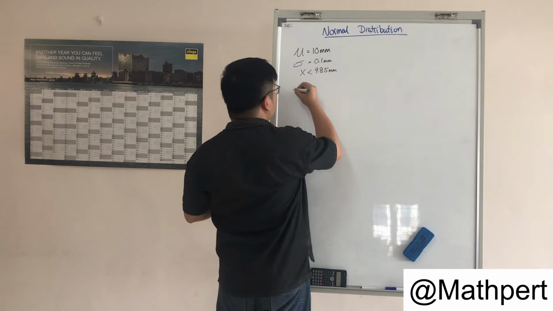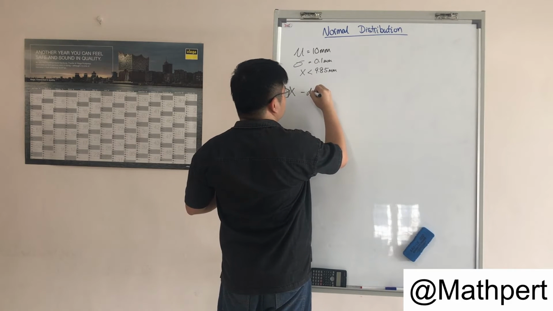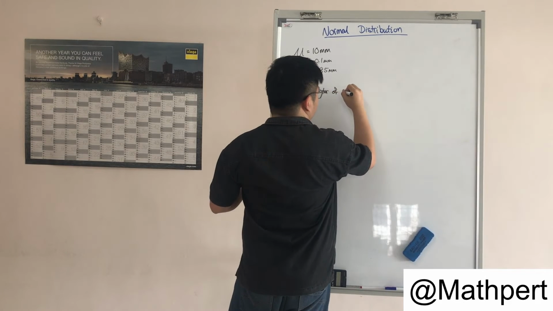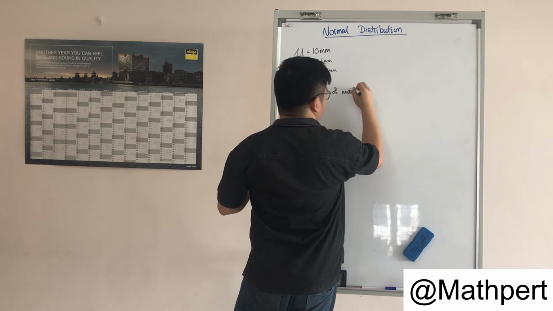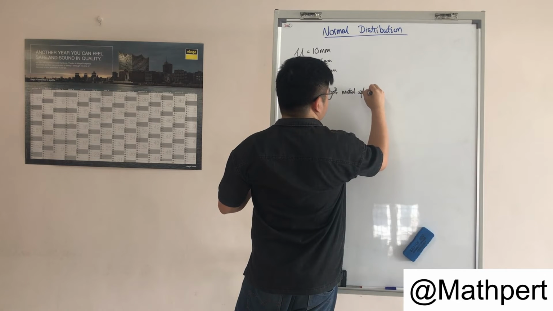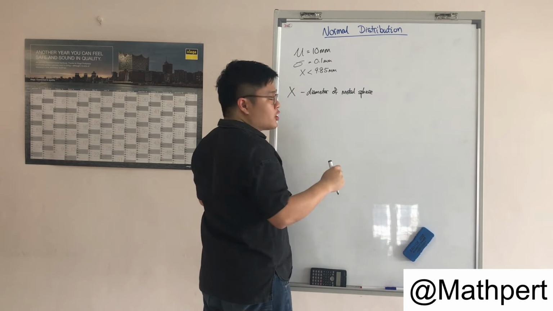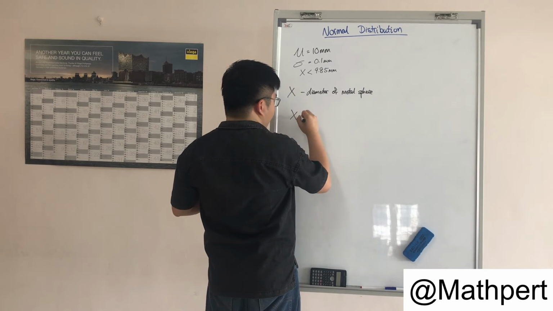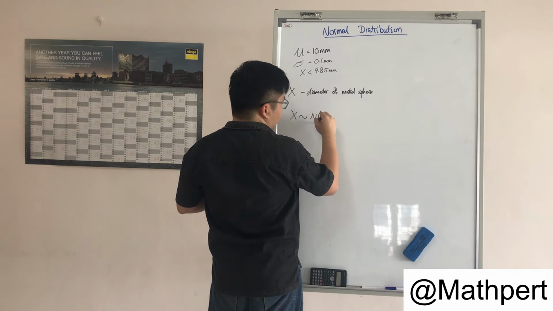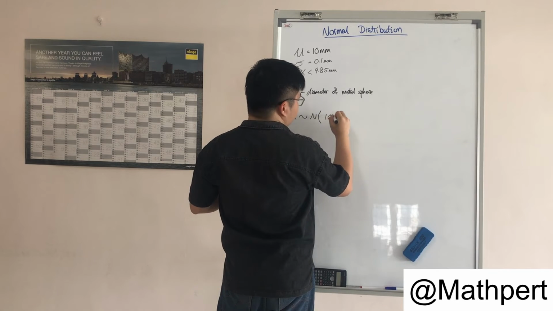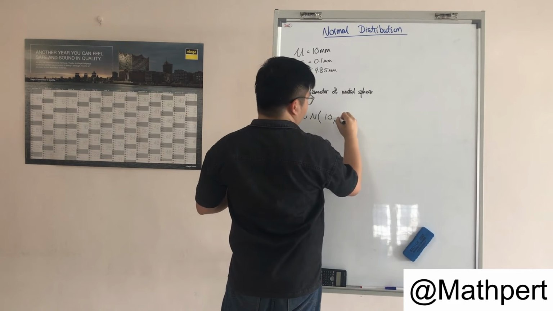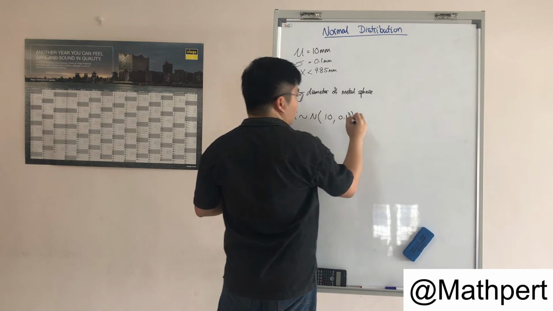Alright? So x is the diameter of metal spheres. The normal distribution can be denoted as x, with mean 10 and variance 0.1 squared.